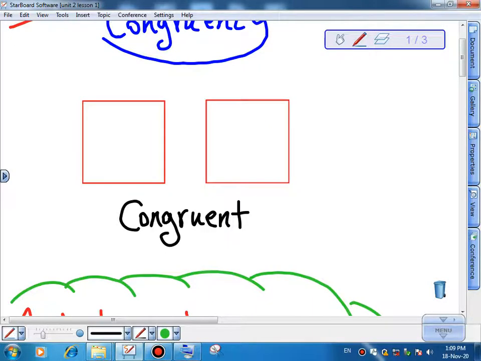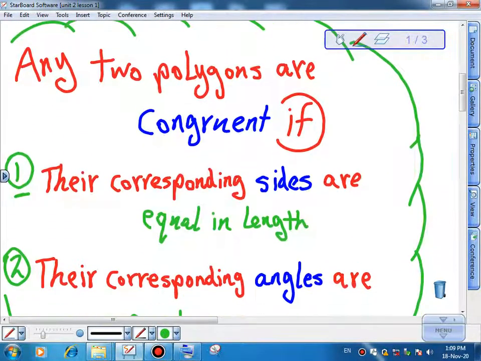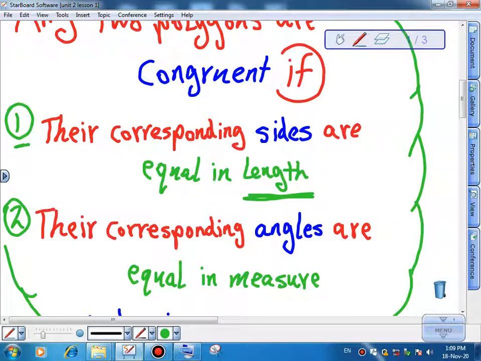So two polygons are congruent if, number one, their corresponding sides are equal in length, and number two, their corresponding angles are equal in measure. These are the two rules for any two polygons: square, rectangle, hexagon, pentagon.